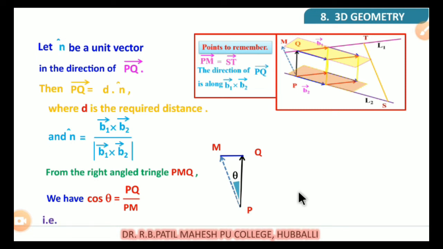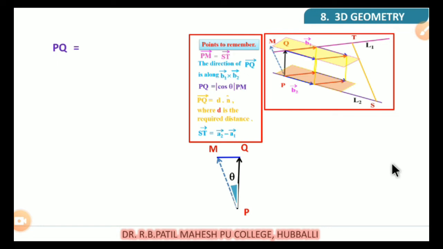So we can write PQ equal to the magnitude of cos theta into PM. Already I have taken that PM is equal to ST, so I am going to replace PM by ST in the next step.